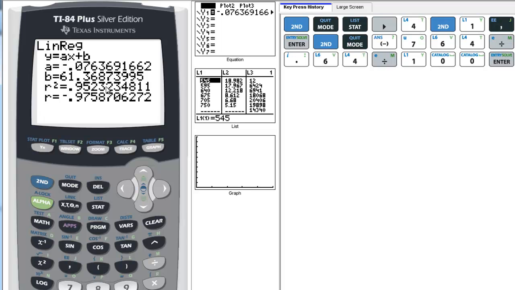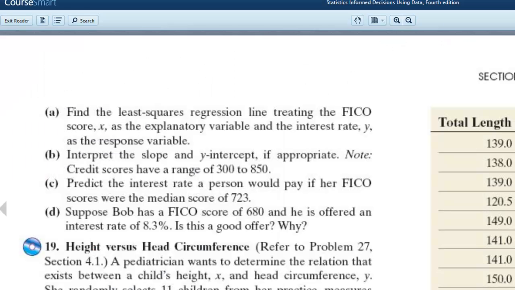The thing to keep in mind, when you're being asked to interpret a y-intercept, is that if you were to write that as an ordered pair, when you're on the y-axis, the x-coordinate is 0. If you can interpret the 0 in this context, then it's very easy to interpret the y-intercept. So in this case, the y-intercept would be 0, 61.368.